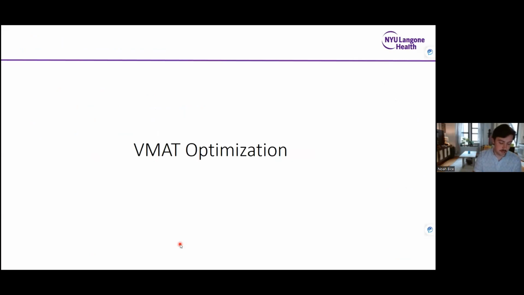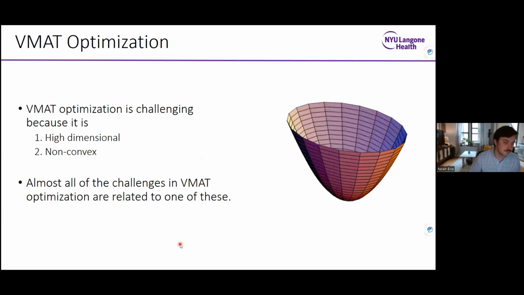All right, now moving on to VMAT optimization. VMAT optimization is challenging for mainly two reasons. First, it's a very high dimensional optimization problem, and second, it's almost guaranteed to be non-convex.